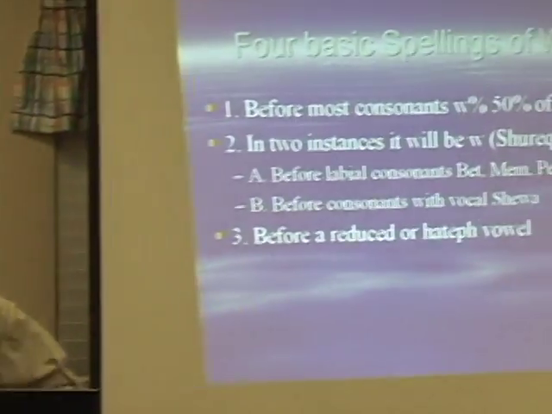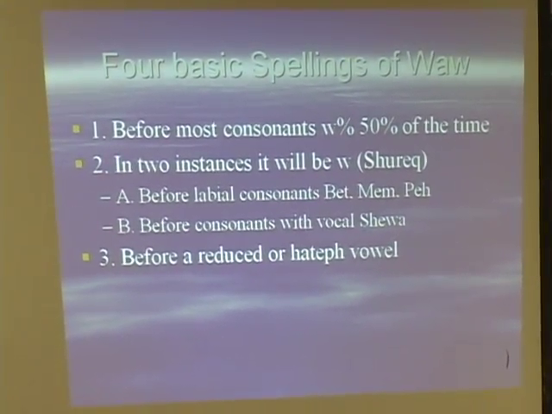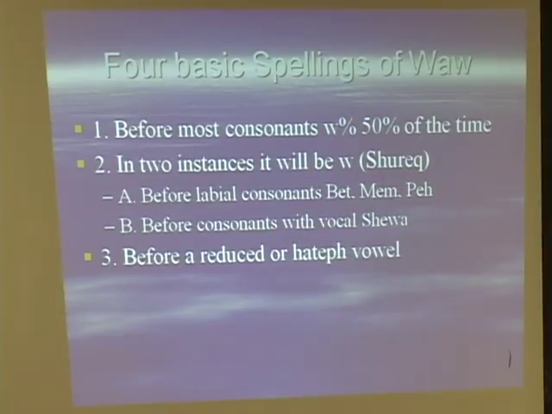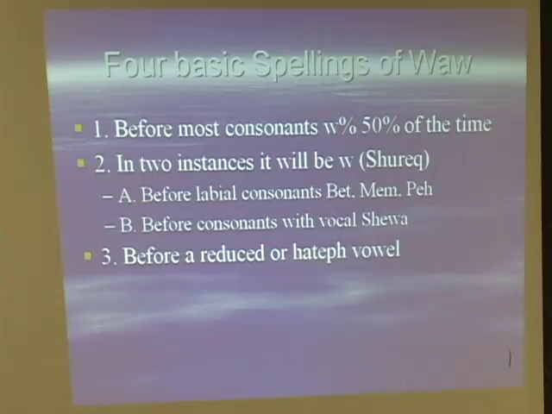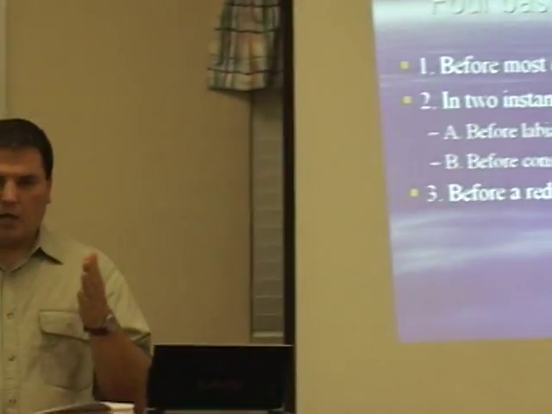Another rule, which is the third one: before hatef vowels, it is spelled with a corresponding short vowel. What is a hatef vowel? Hatef patha, hatef kametz, hatef segol. These are reduced vowels. That means that the vav will appear before these reduced vowels with the lengthened form of the same vowel. So it's easy.